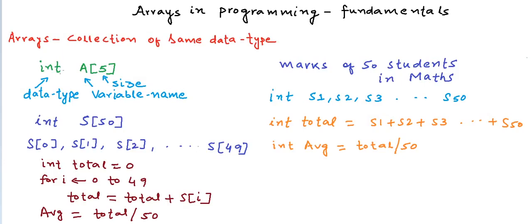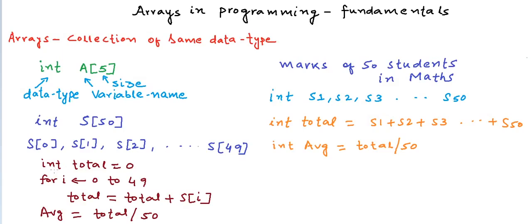This was an array of integers. We can also have an array of float or an array of character or an array of a user defined class or structure. And this was a simple one-dimensional array. We can also have arrays of 2-dimension or 3-dimension.